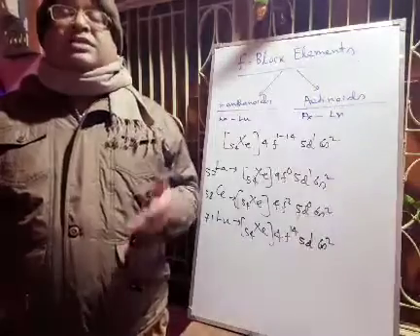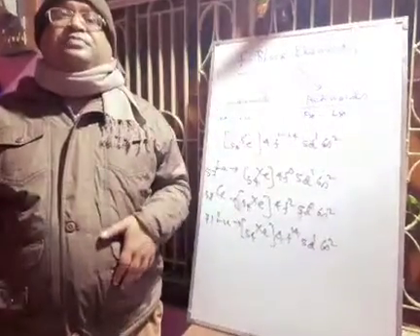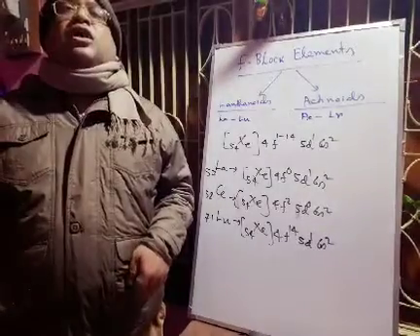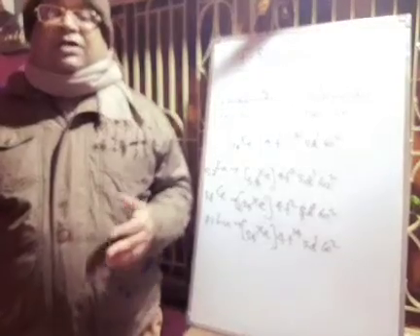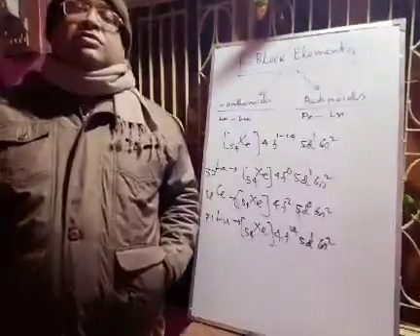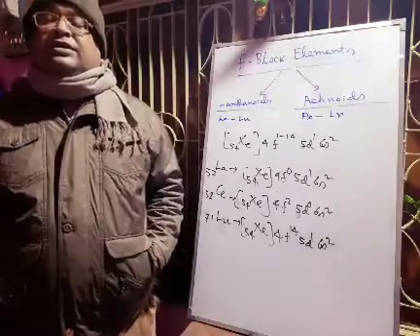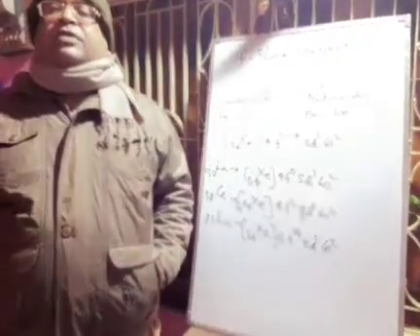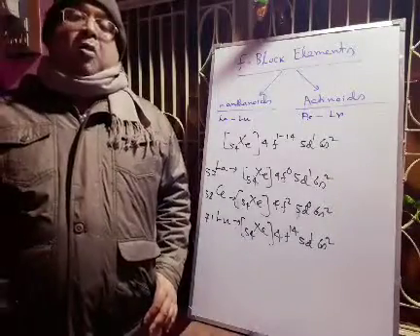Sometimes because of these things, some properties will be almost the same. And because of this lanthanide contraction, the effect will also be seen in the 4d and 5d series. Next we will discuss the color.